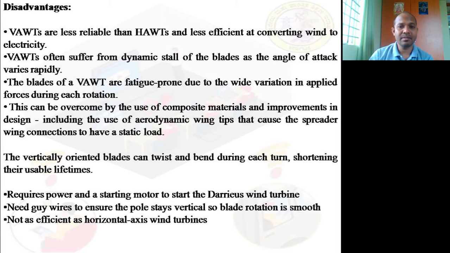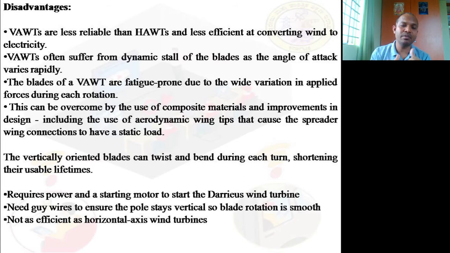The blades of vertical axis wind turbines are prone to fatigue due to wide variations in applied forces during each rotation. This is an extension, a conclusion from the previous second point. Because the angle of attack is different, it will be subjected to variation in the load. That is what we call a fatigue load.